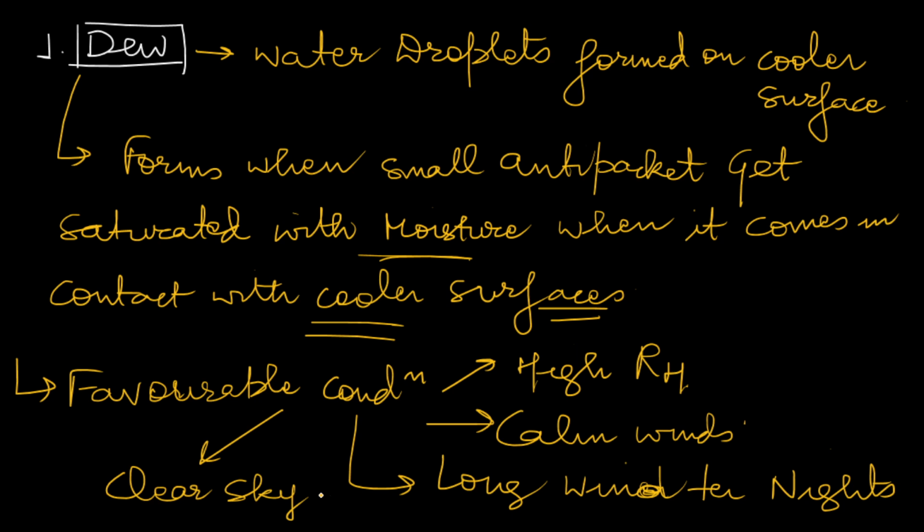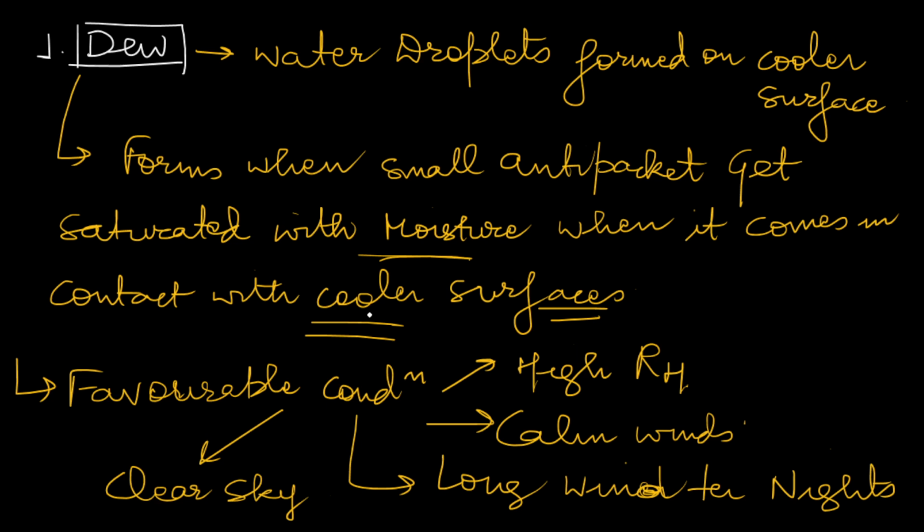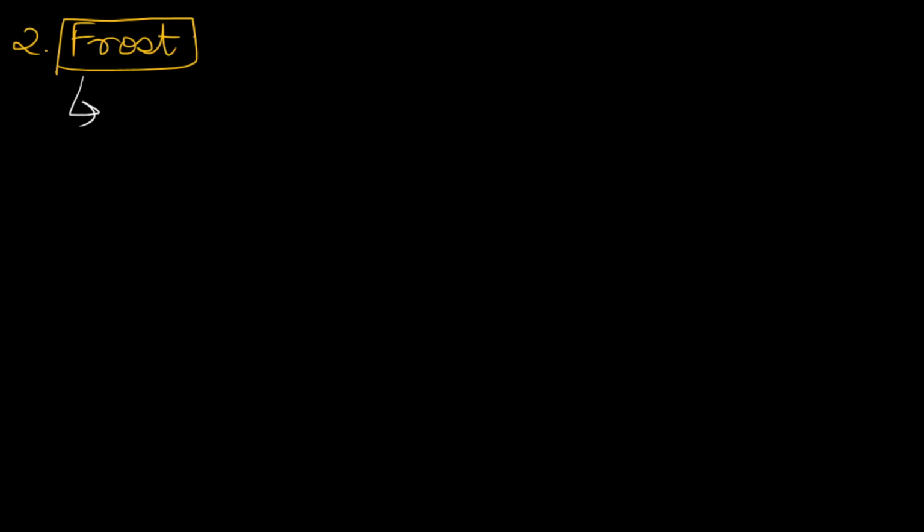I hope you understand what dew is. Now second we have frost. Frost is the same as dew but occurs at temperatures less than 0 degrees. In dew the surfaces are cooler, that is 1 degree, 2 degrees, 3 degrees. But in frost the need is that the temperature should be less than 0 degrees.